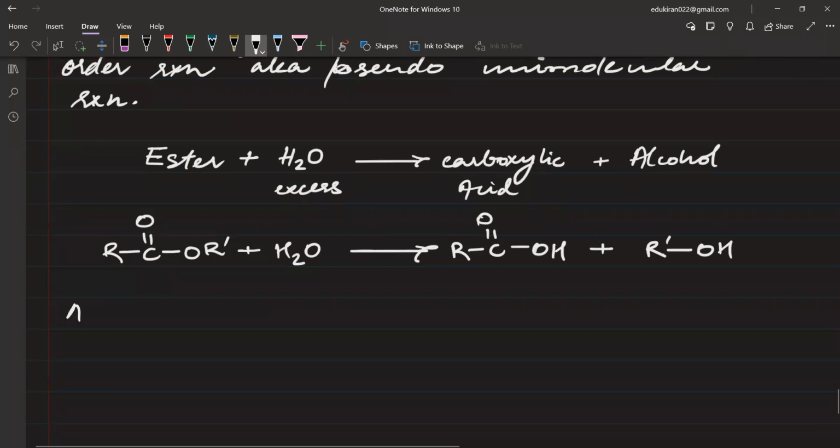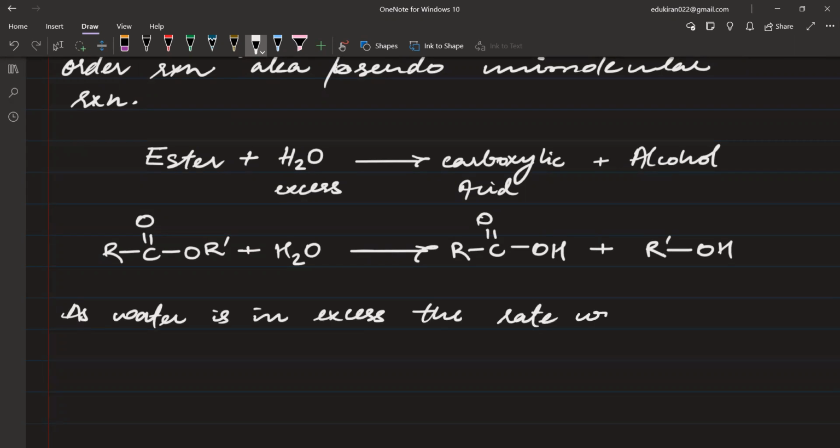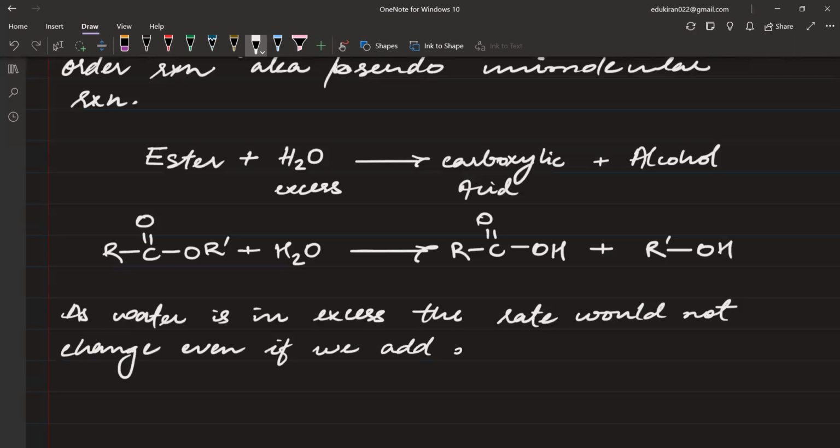Okay, we'll write as: water is in excess. The rate would not change even if we add more water.